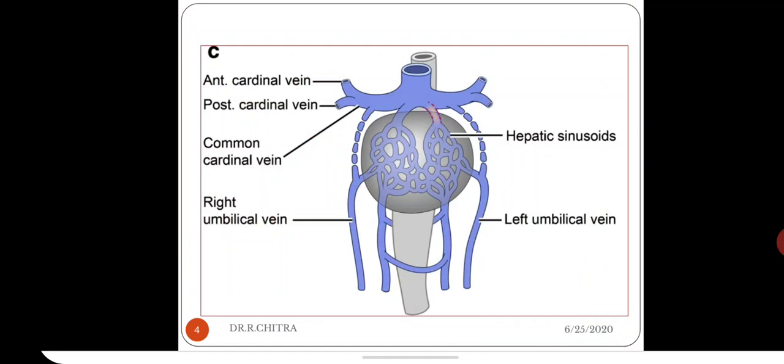After the changes in this venous drainage, mainly the veins on the left side obliterate, so that at the end, if you see, the right horn of the sinus venosus enlarges, and the body and the left horn of the sinus venosus diminish in size.